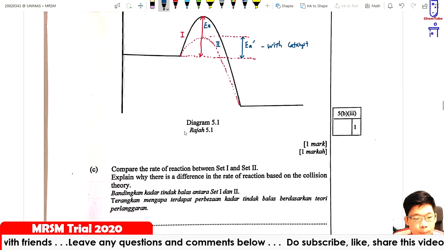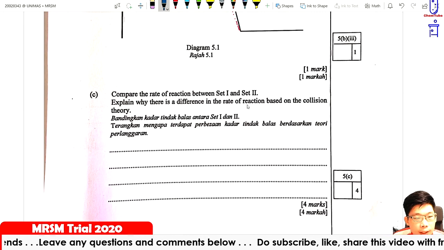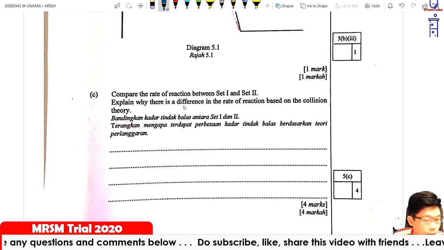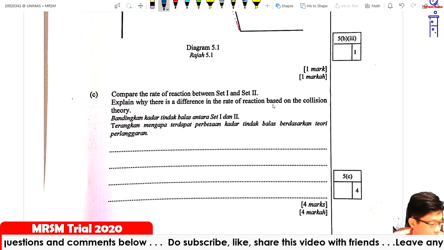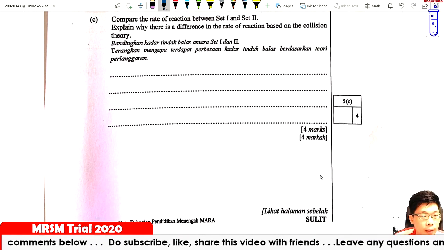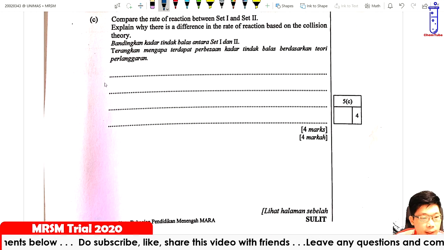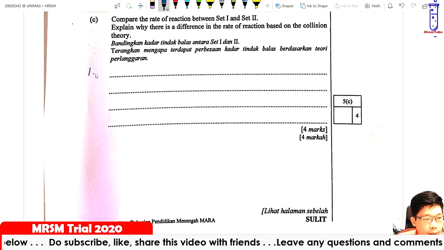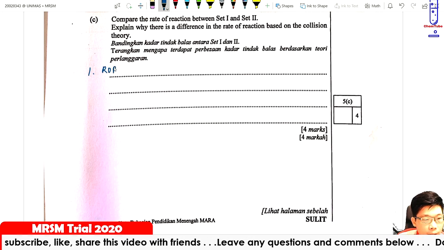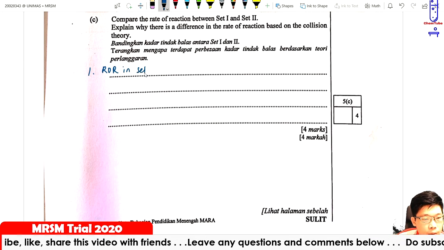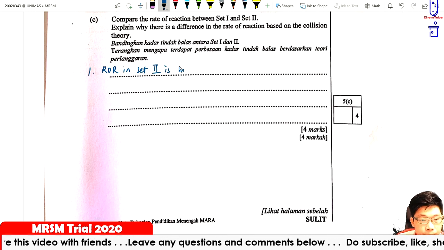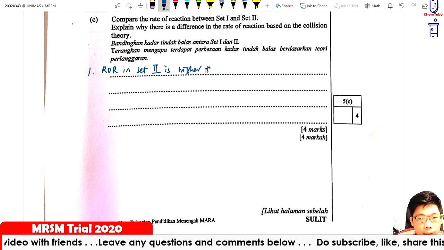Compare the rate of reaction in set 1 and set 2. Explain why there is a difference, based on the collision theory. 4 marks, so there are 4 points. Point number 1, the rate of reaction in set 2 is higher than set 1.